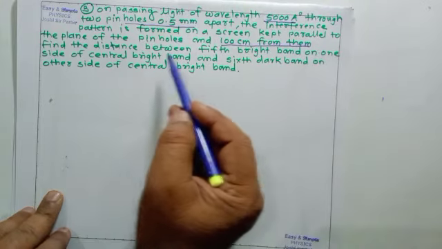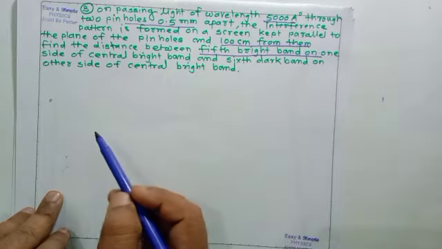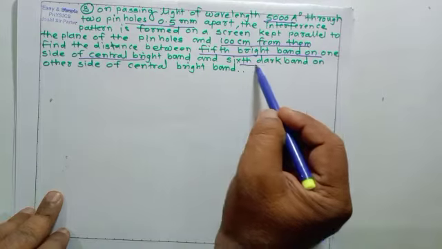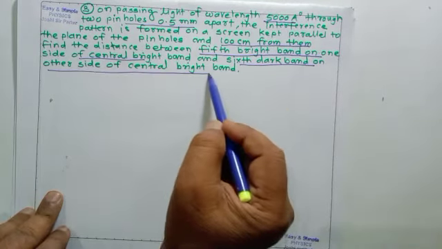Find the distance between fifth bright band on one side of central bright band and sixth dark band on other side of central bright band.